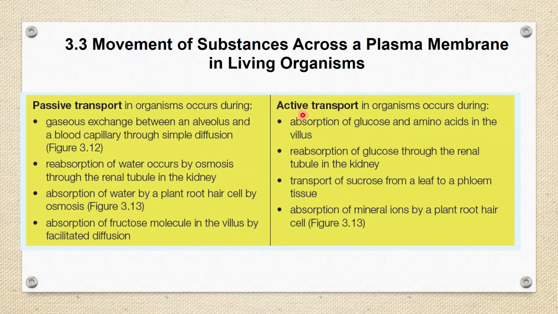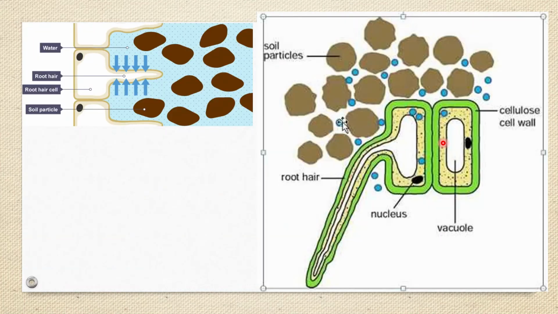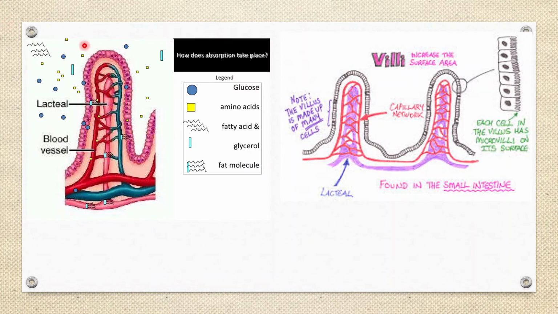Okay, how about active transport in organisms? This one says absorption of glucose and amino acids in the villus. So that means also in the villus. Towards the end of absorption, the concentration of glucose and amino acids is now lesser in the lumen as compared to the one here in the villus.